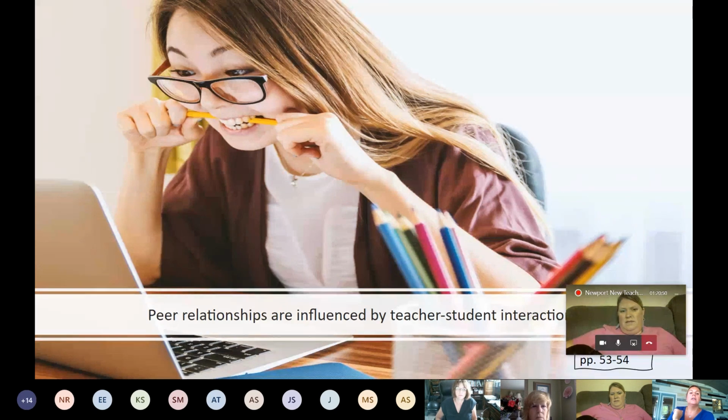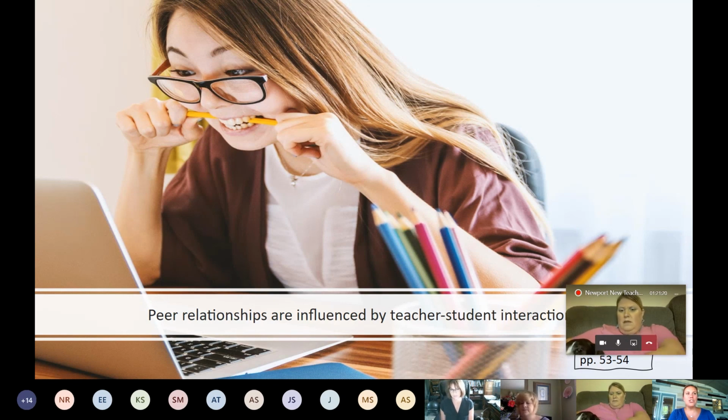Okay. I've mentioned this a couple times. Relationships, teacher to student, but also peer to peer. And how we see a child, our relationship with them, impacts the relationship they have with peers. For example, my daughter can tell me pretty quickly, oh, he's one of the bad kids in class, right?